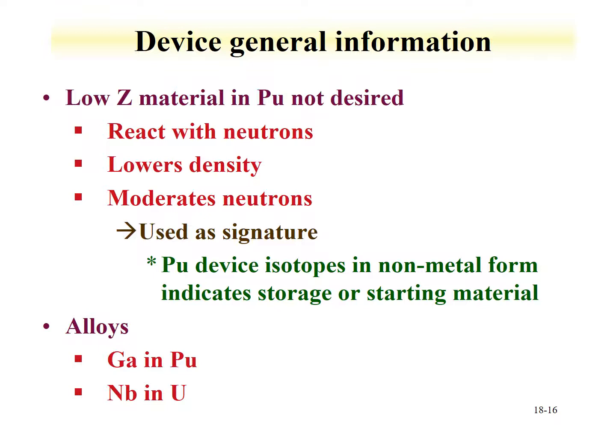If one were to find metal, one can conclude that it's definitely on the route to being a device. And if one had alloyed systems, so a plutonium-gallium alloy and a uranium-niobium alloy, that would be an even closer indication, a signature, that this is a material that is useful for a device.